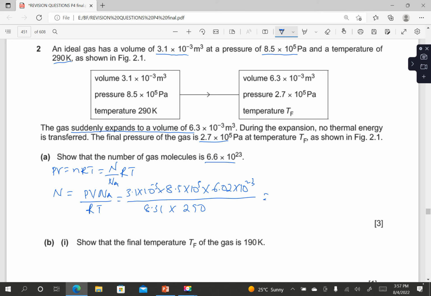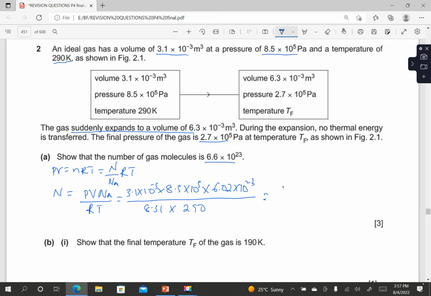I'm pressing my calculator. 3.1 exponent negative 3 times 8.5 exponent 5 times 6.02 exponent 23 divided by 8.31 times 290.